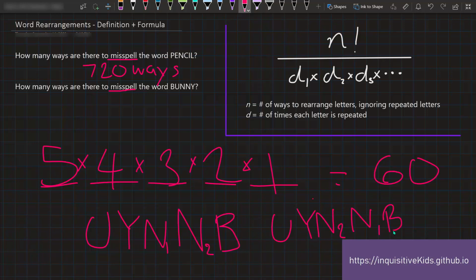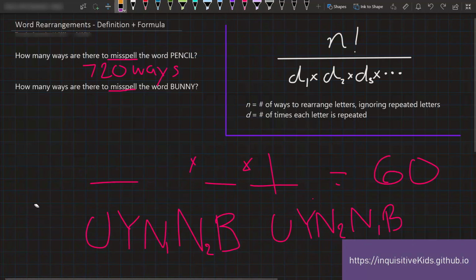We have labeled the N's as N1 and N2. Are these the same rearrangement or no? Well, in this case, there are no different N's. N is the same letter. So if you have a letter that repeats, what do we do? It means that we must have double counted instances like this somewhere in the 60 ways. So what's one way we could fix this?